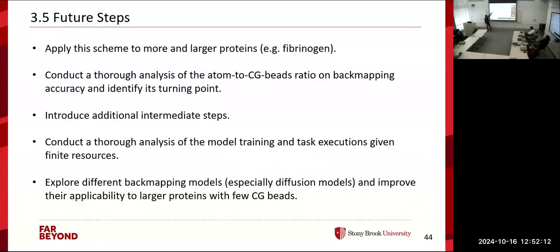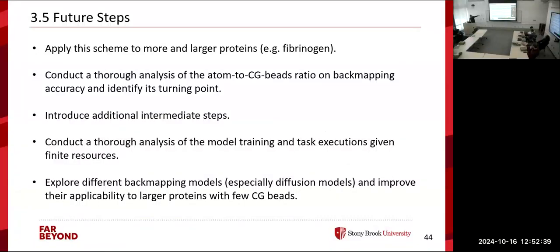Then we also want to conduct an analysis on how this ratio, this CG bead size, affects the accuracy. And we also want to look at some other backmapping models, how we can modify them to apply them to larger proteins with few CG beads.